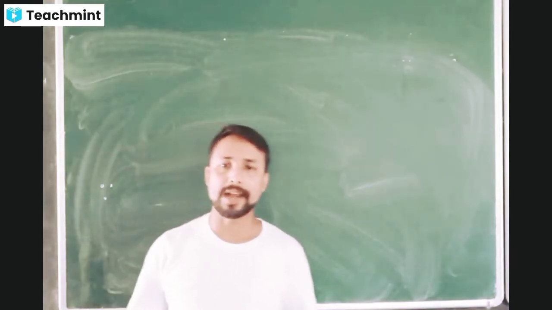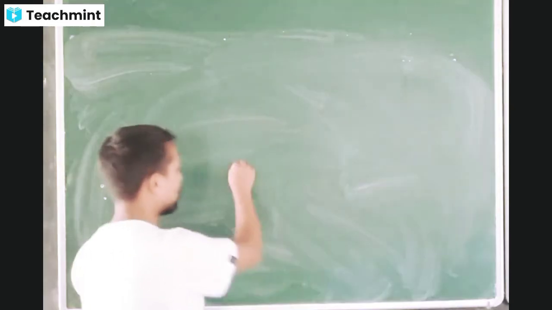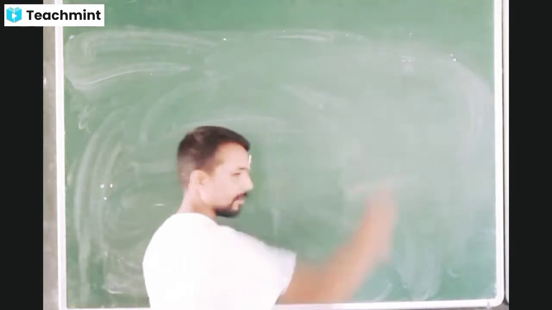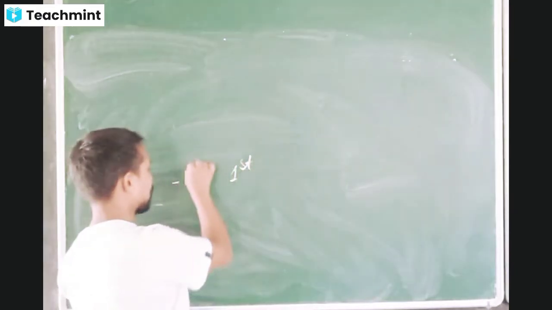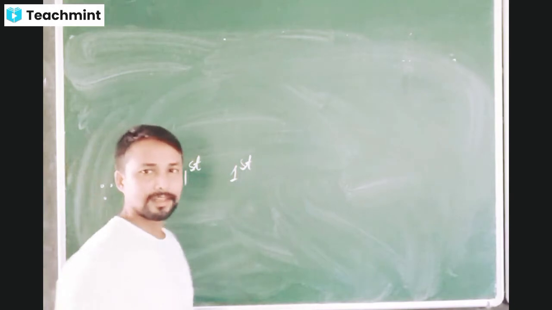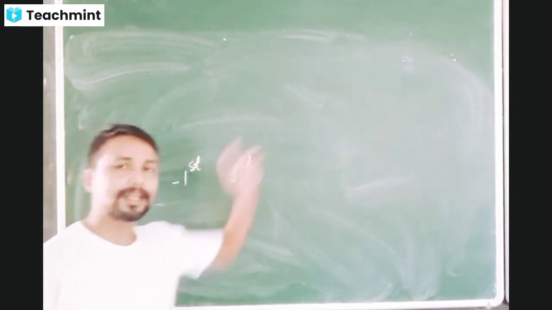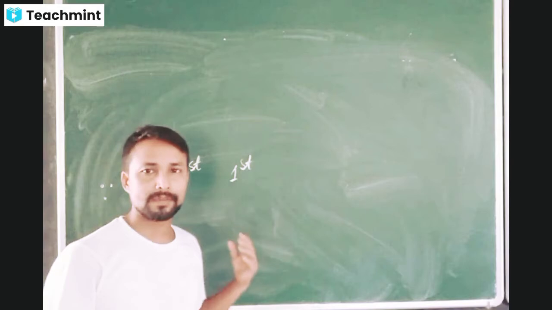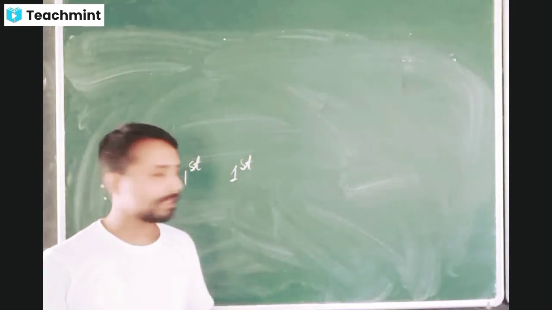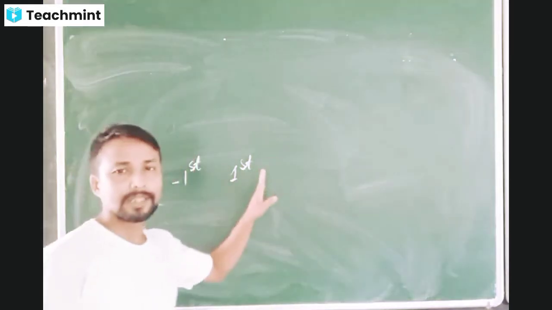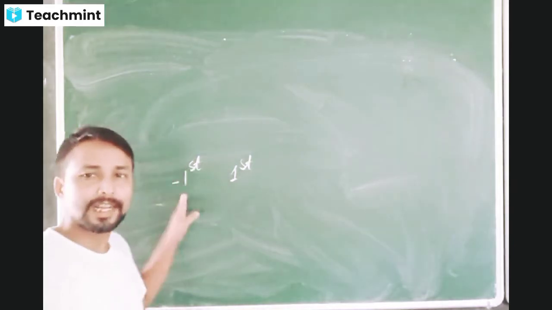Position cannot be accepted as negative. Like I am first, then you are first, but negative first we cannot accept. If first, then last, but no negative. So positions are first, second, third, fourth, fifth, but not minus first, minus second, minus third.